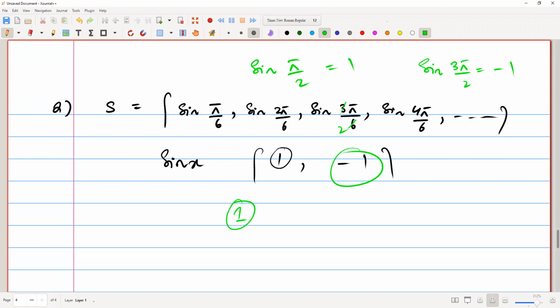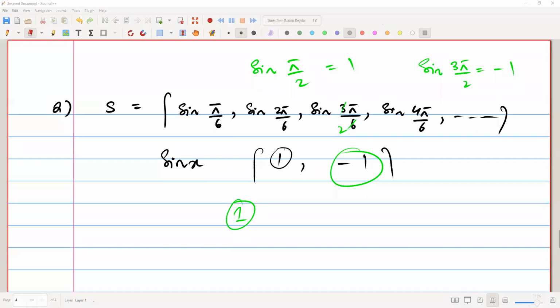For instance, let's see which number should come for this negative.